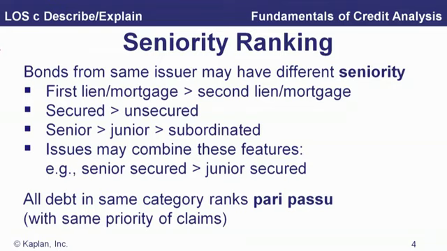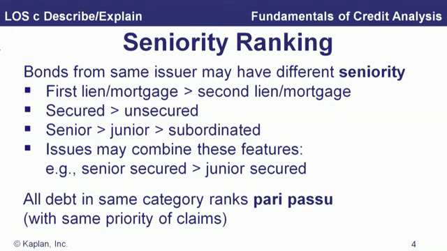And in general, secured bonds, those that are backed by some sort of collateral, have a greater seniority than unsecured bonds. And to continue the terminology, the senior bonds are senior to the junior bonds, which are senior to the subordinated bonds. So you need to learn that terminology.